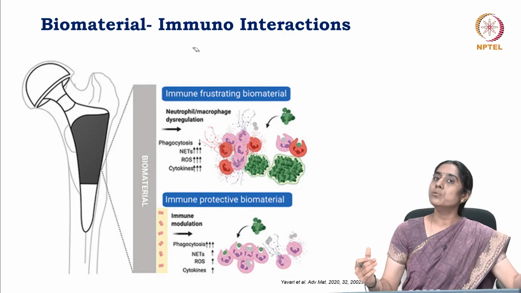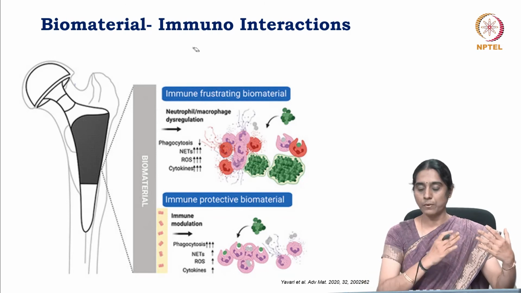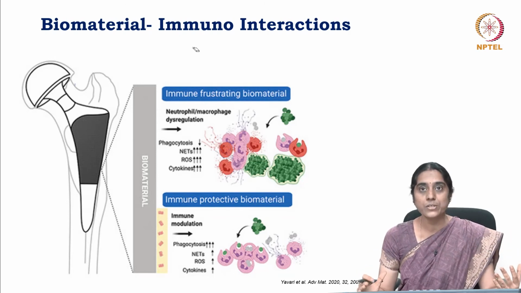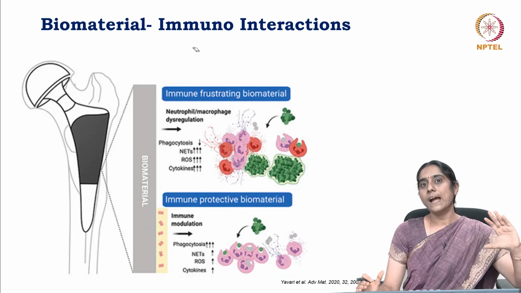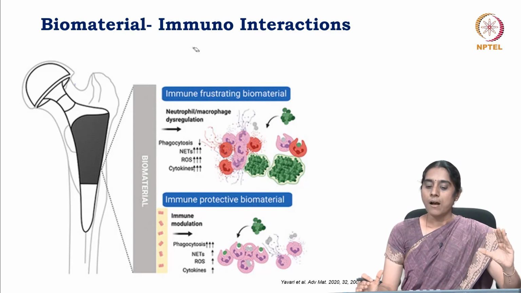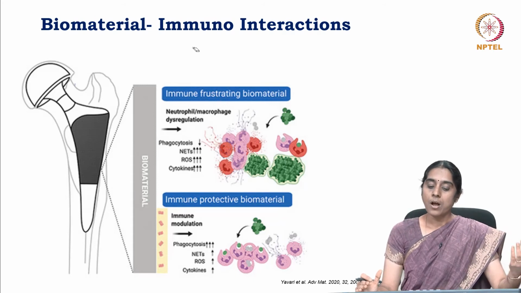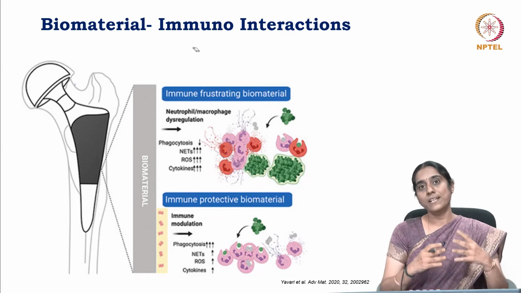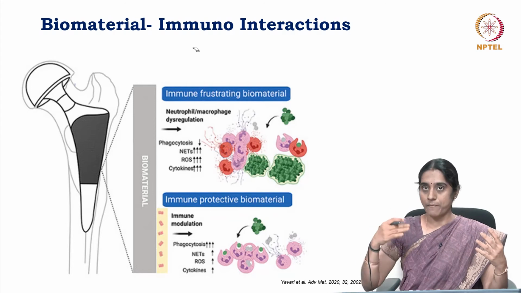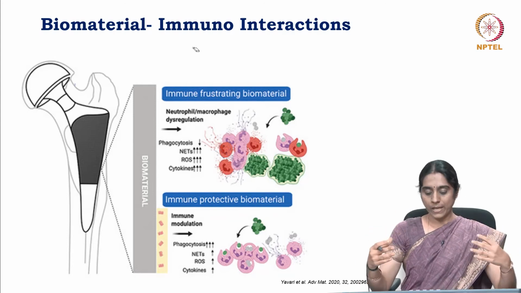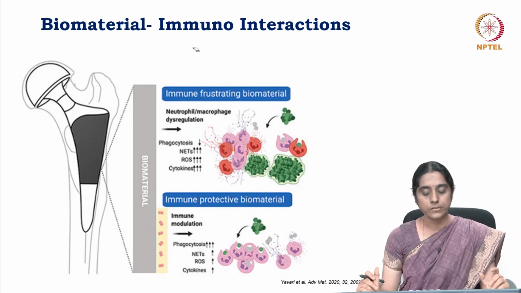So, the summary from all these slides is that the immune system can itself degrade and damage the biomaterial because of the frustration created by the biomaterial, or the biomaterial can be protected by the immune system itself. That all depends on various factors, host factors as well as the various physiochemical properties of the biomaterials.